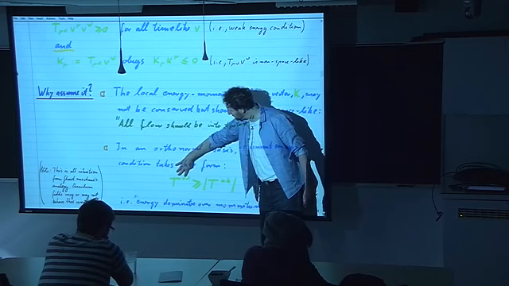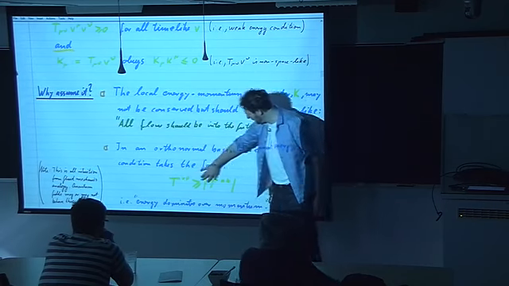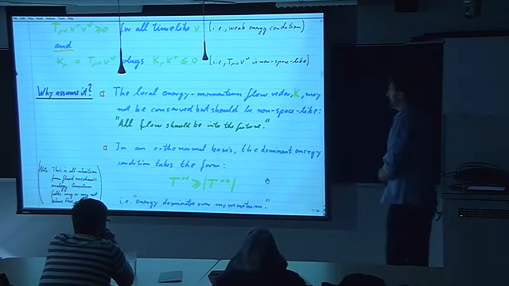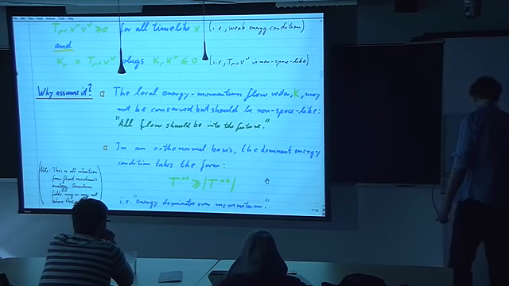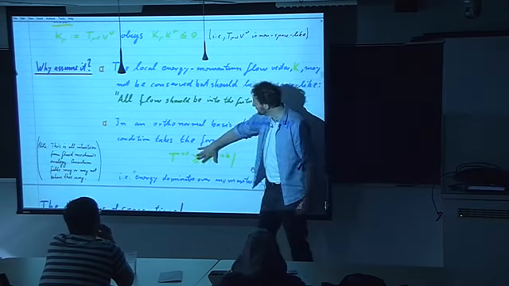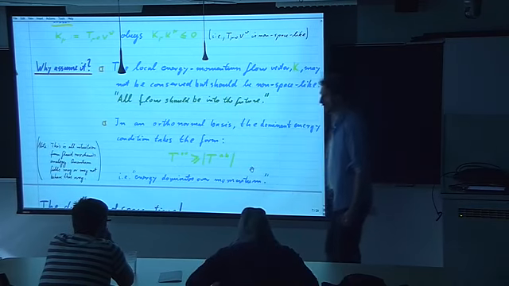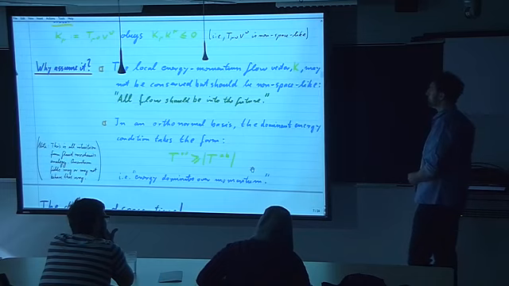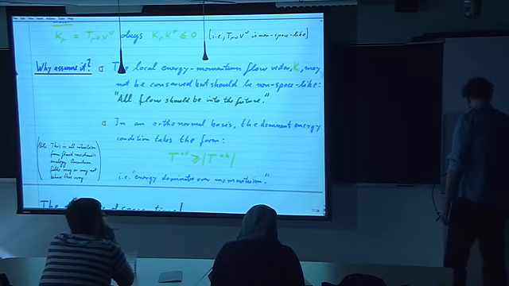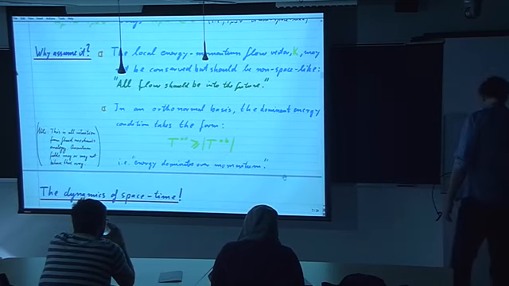Namely that the 0,0 component of the energy momentum tensor, which we know is positive, is larger or equal to the modulus of any space-space components of the energy momentum tensor. Which is to say that, in this sense, the energy dominates over the momentum component. Hence the term dominant energy condition. The energy is dominant in that inequality.